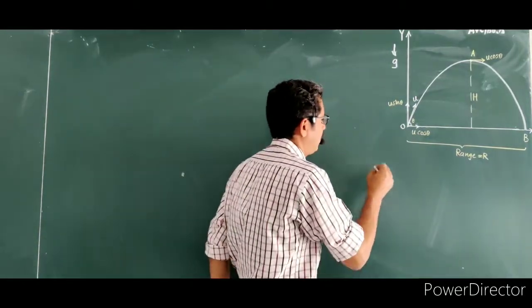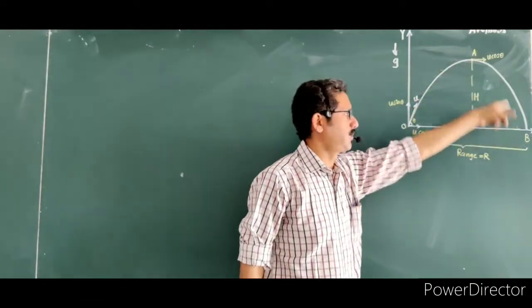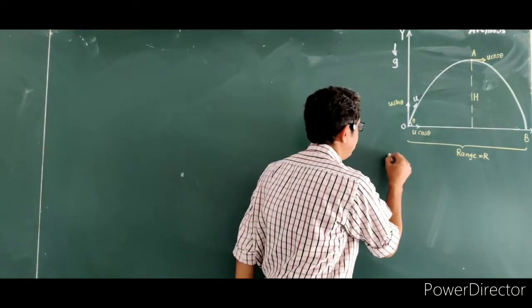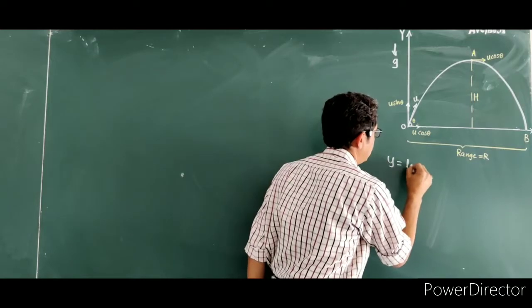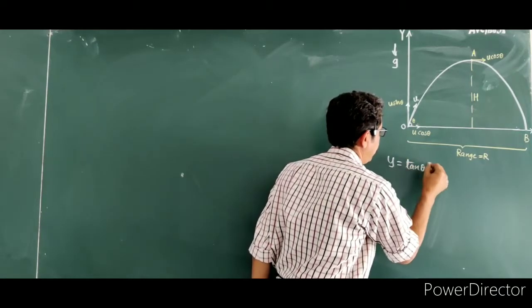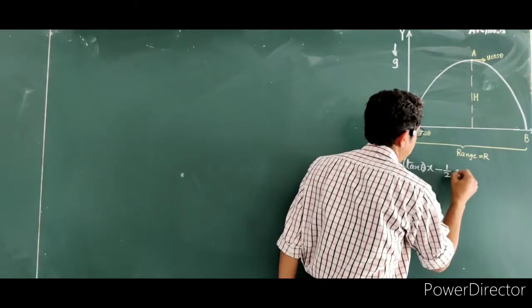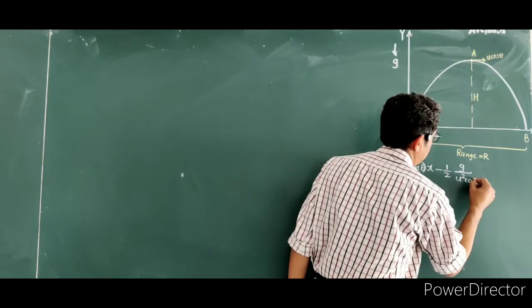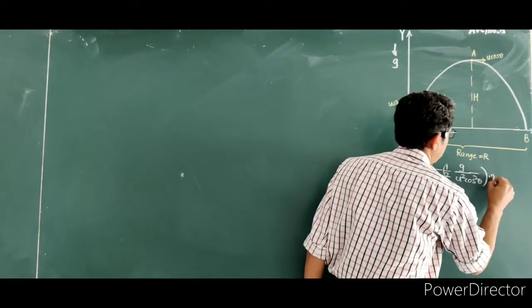In this, we derived the equation of trajectory of this projectile, the path which this projectile will follow. We derived the equation y is equal to tan theta multiplied by x, minus half g upon u squared cos squared theta, multiplied by x squared.